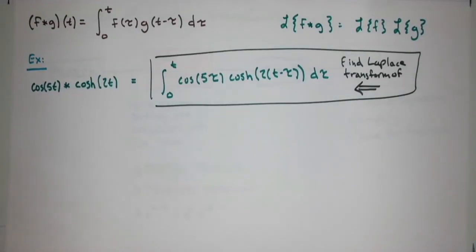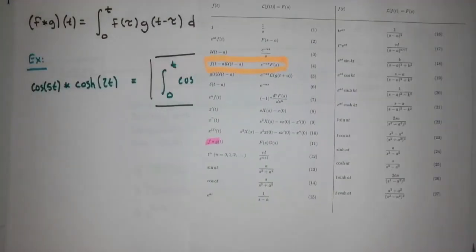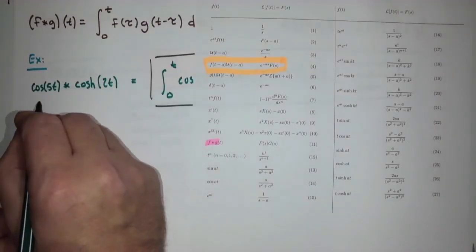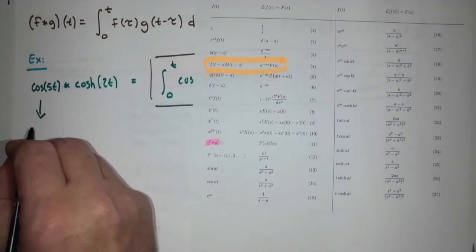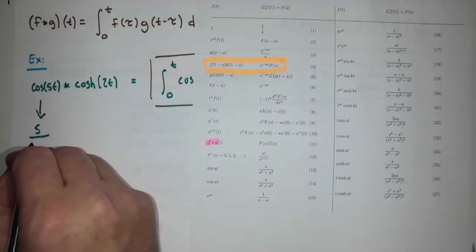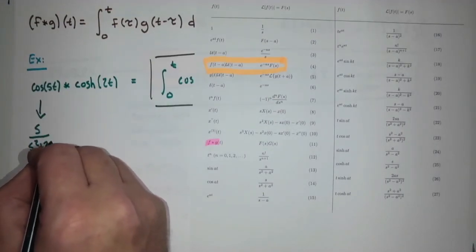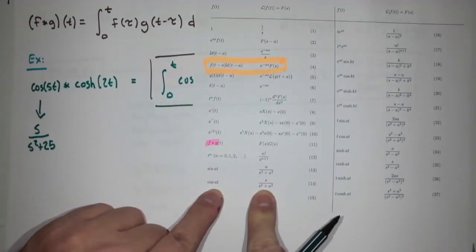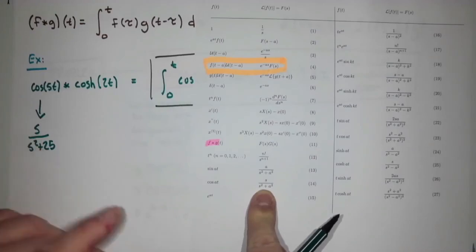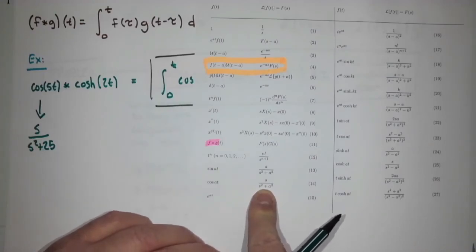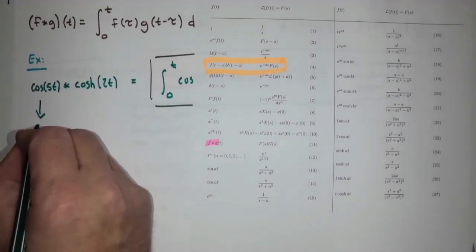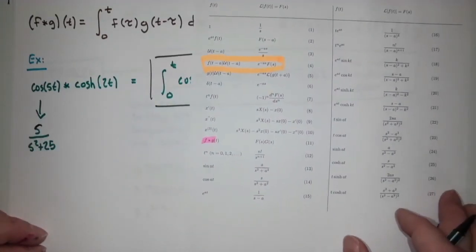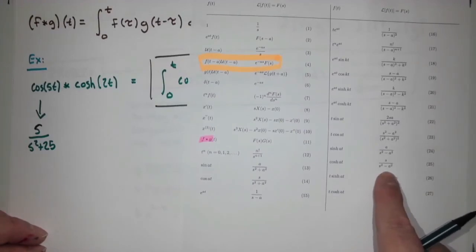Now, what does cosine map to? Well, there's a rule. So cosine 5t would map to s over s squared plus 25. So I'm reading the rule. Someone once said, you should never mix s's and 5's together. Yeah, I agree. My s's and 5's do look suspiciously alike, but that's an s on top. Cosh also is on here.